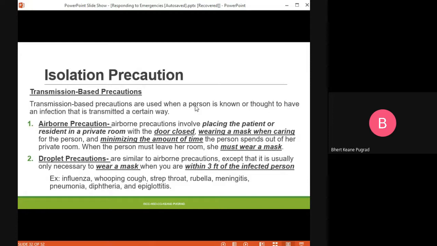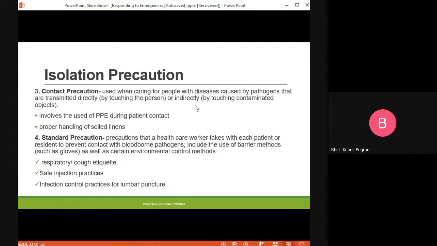Like for example, meron siyang cellphone, hinawakan mo yung phone niya, meron siyang utensil, hinawakan mo yung utensils niya, okay, andun na yung infection. Yung droplet napunta na dun sa malapit sa kanya. Malapit, within 3 feet sa kanya. But those droplets cannot reach you if you are more than 1 meter away or more than 3 feet away from the patient. Okay?